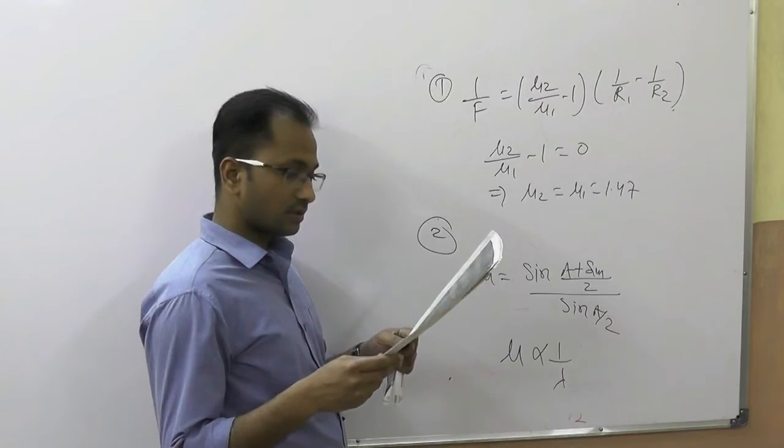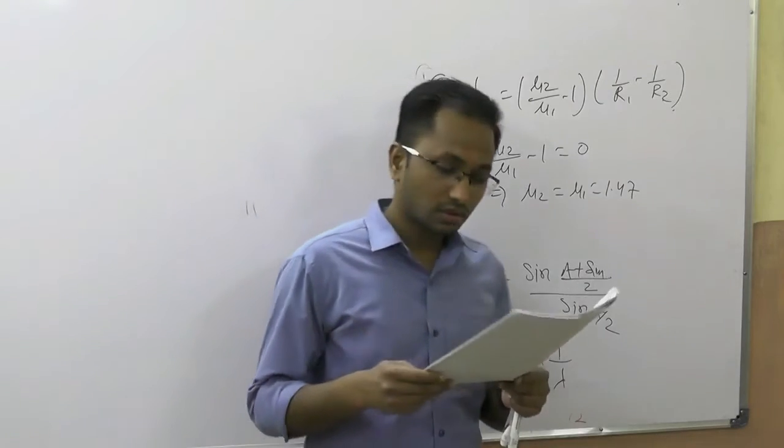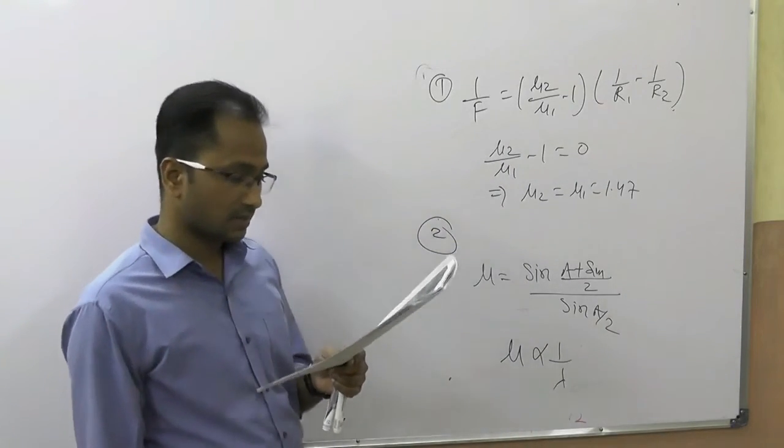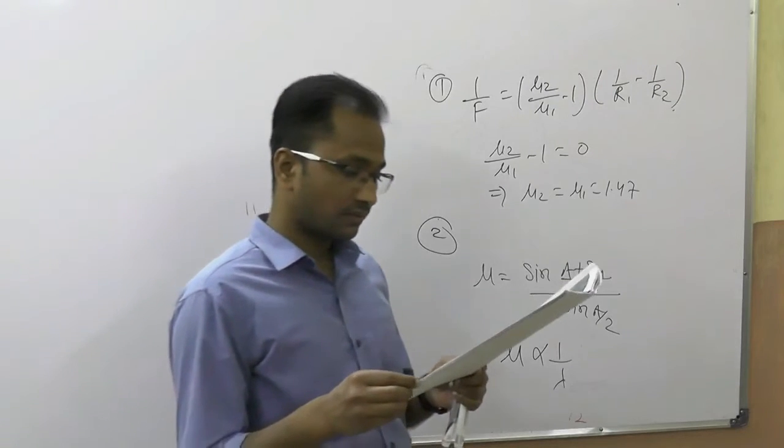Now question 4: photons of energy 1 electron volt and 2 electron volt are successively incident on a metallic surface of work function 0.5.